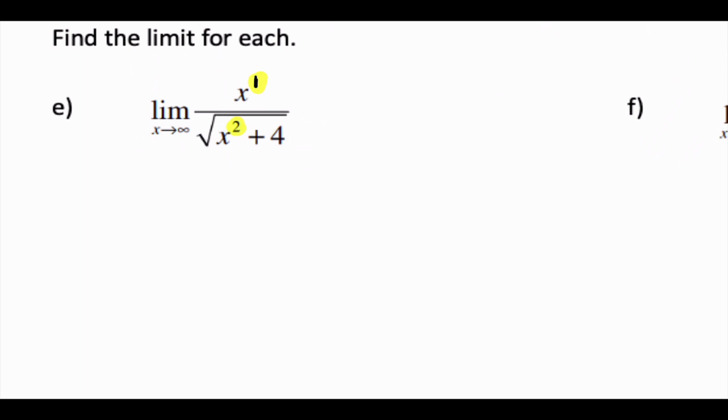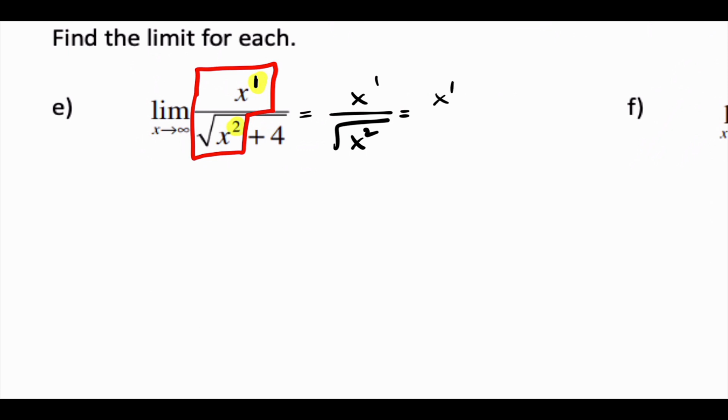Okay. So I want to focus just on these here. I'm not worried about the 4. The top is just an x to the first power, right? The bottom is an x squared, but it has a square root. So in reality, it's not an x squared. In reality, what is it? Just an x, right?